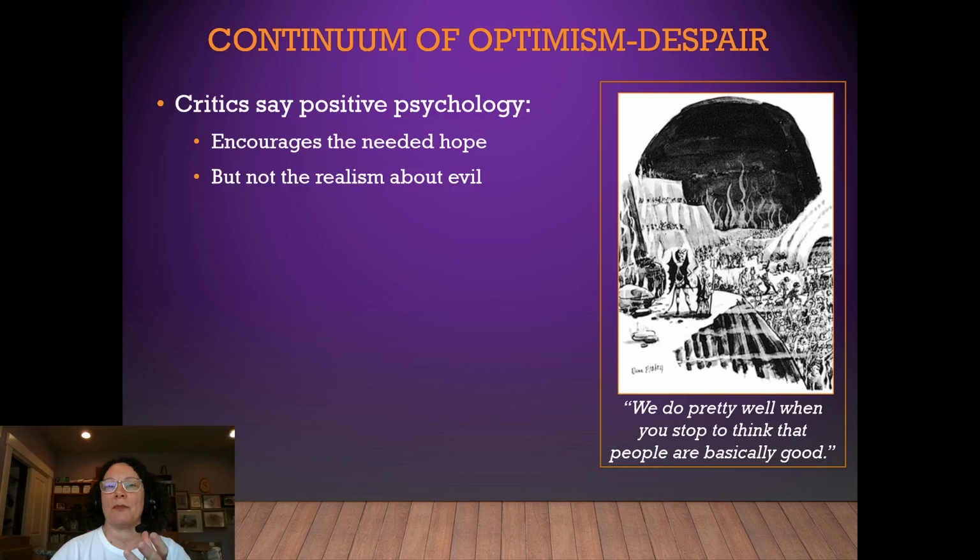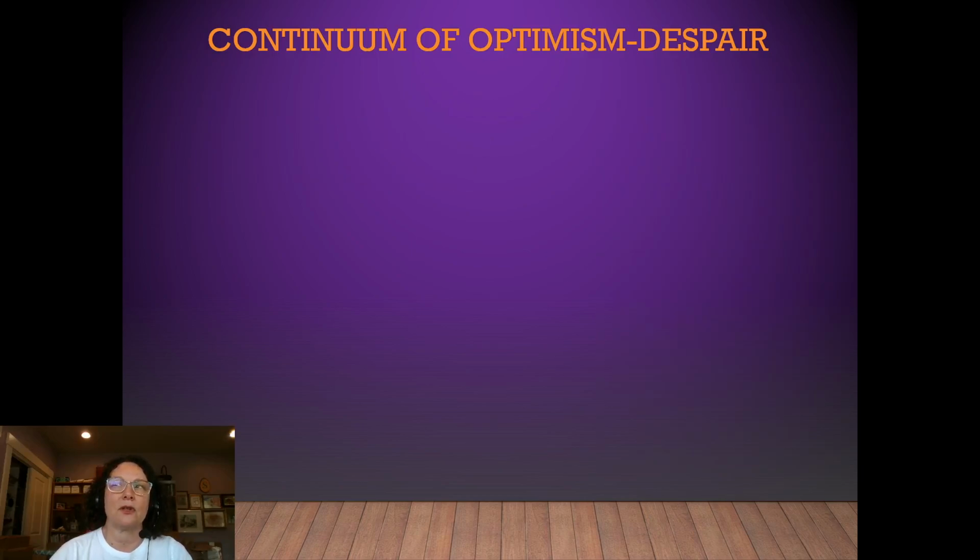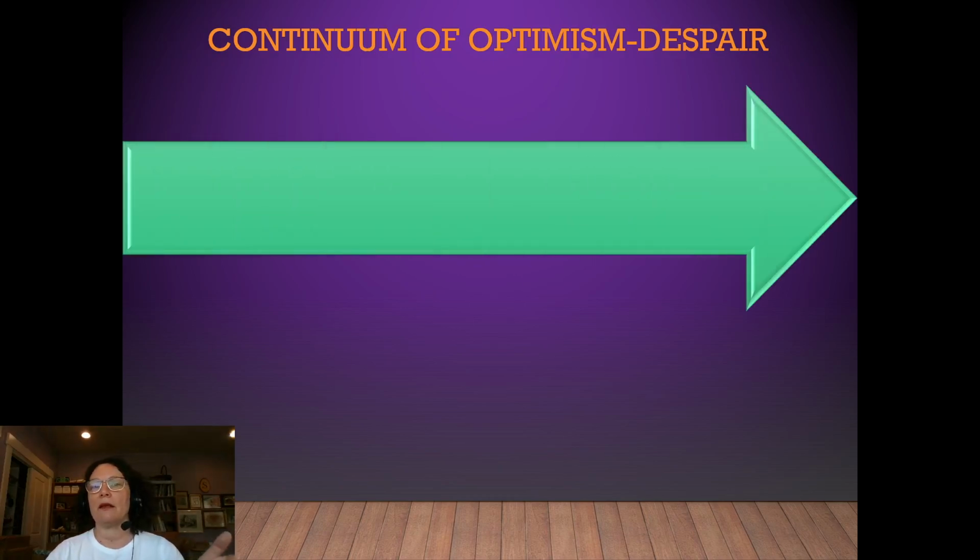This basic premise that all people are good, for example, that's a positive psychology tenet, that most people are basically good, but it kind of minimizes or ignores the fact that there are people who do very bad things, that maybe even good people sometimes do bad things, stuff like that. So critics of positive psychology say that positive psychology doesn't take enough of the bad side into consideration and maybe even see the value in the bad side.